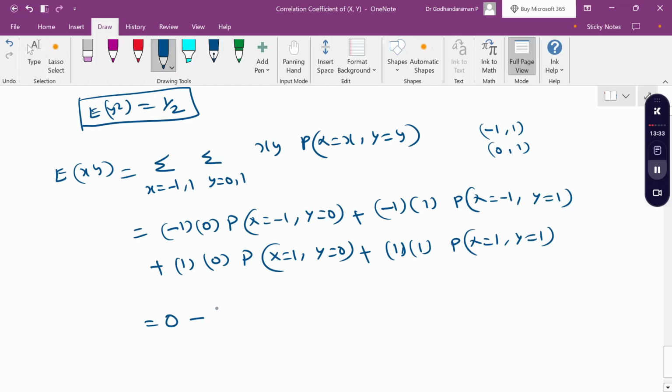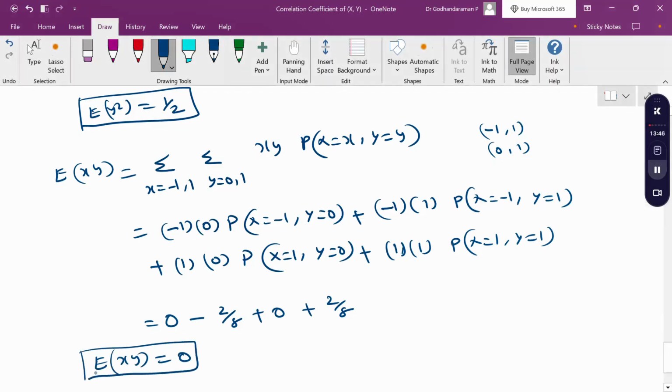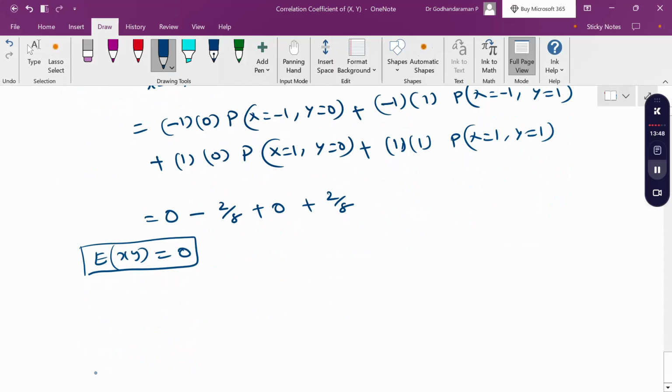Therefore this is minus 2 by 8, plus 0 into any term 0, plus 2 by 8. Minus 2 by 8 plus 2 by 8 is 0.